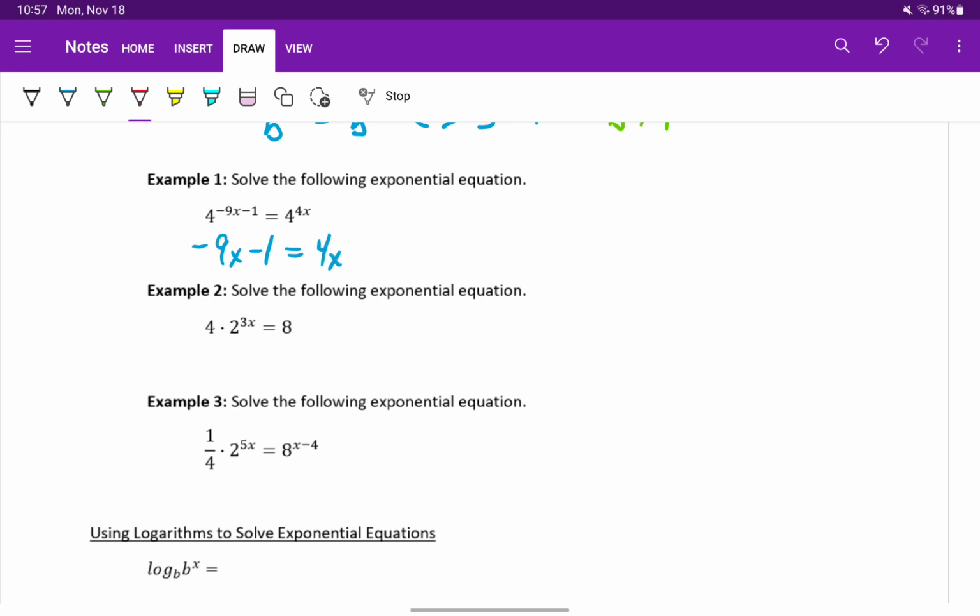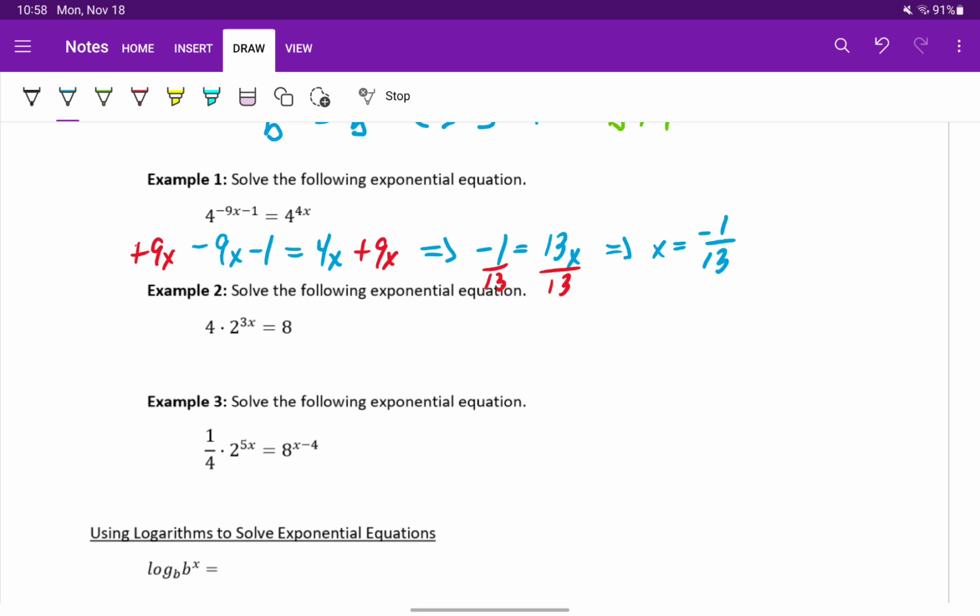From there, we can solve by adding 9x to both sides, which will give us minus 1 is equal to 13x. And then dividing both sides by 13 will give us a solution of x is equal to negative 1 over 13.